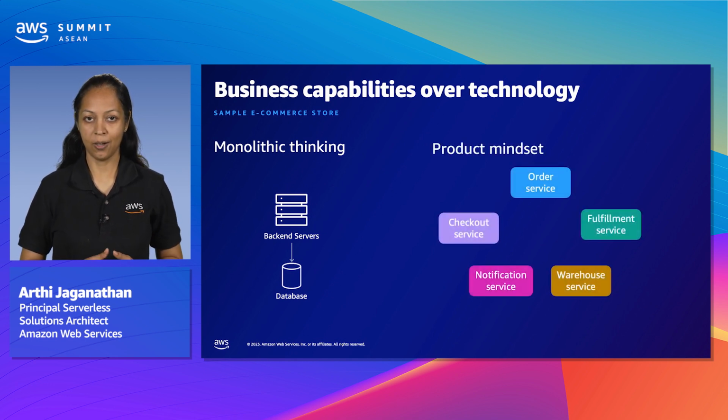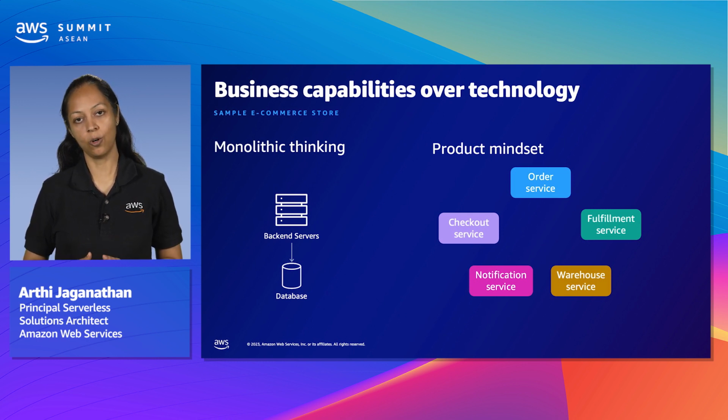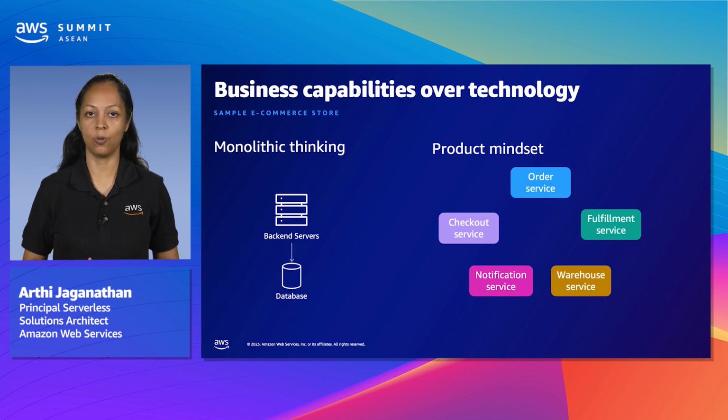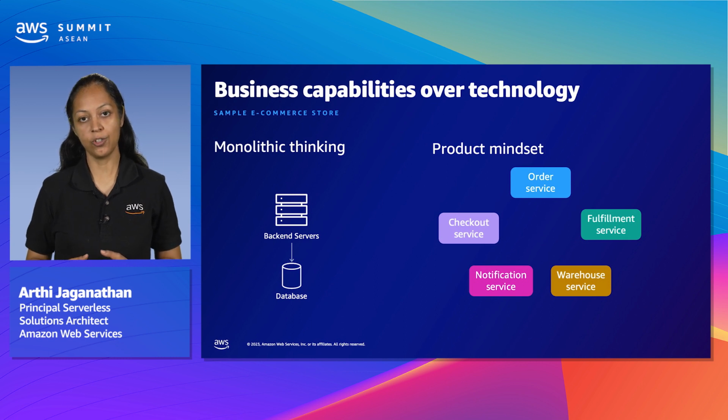On the other hand, a product mindset forces you to think about key capabilities you have to offer. For an e-commerce store, you need to provide a great selection of products, fulfill orders, ship them on time, and so on. This domain-driven thinking naturally moves you towards a modular microservices architecture. Now, a modular architecture introduces new considerations.